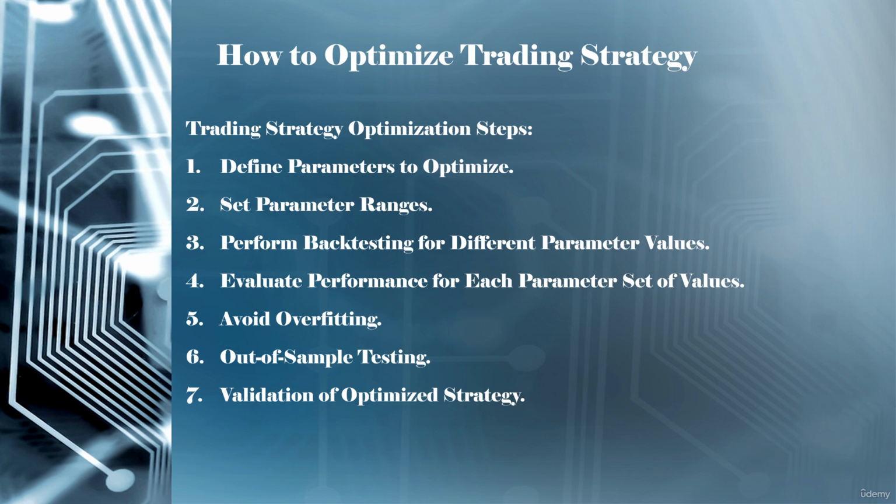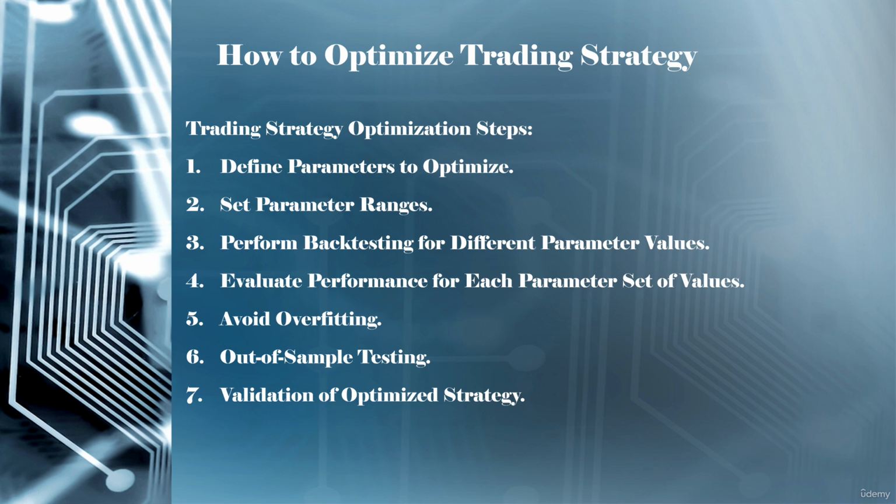While optimization can enhance a strategy's historical performance, it's important to strike a balance and avoid overfitting. Optimization overfitting is creating a strategy that is too tailored to historical data and may not perform well in the future, in unseen market conditions.